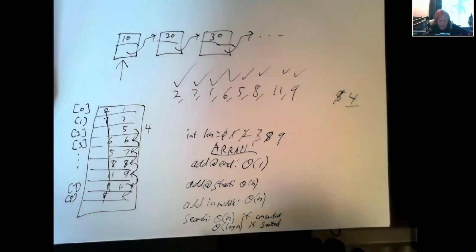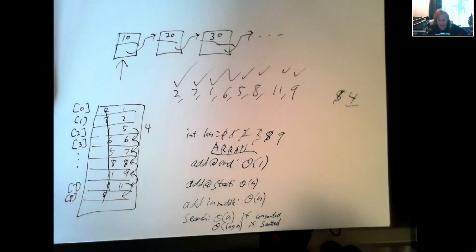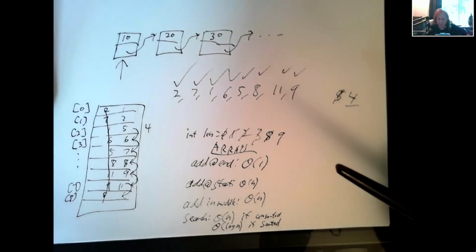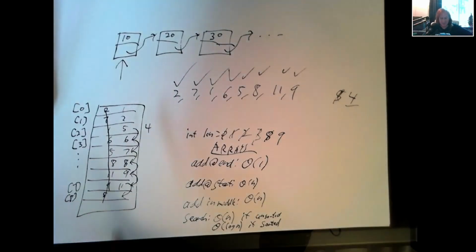But if we want to search efficiently, we need our array to be sorted, which means when we add in a new piece of data, it's going to have to get added to the middle, and that's going to be order n. So this is not going to be a very efficient way to store information. The orders of complexity are at least n, and sometimes n plus log n.